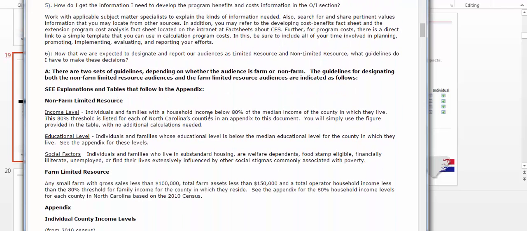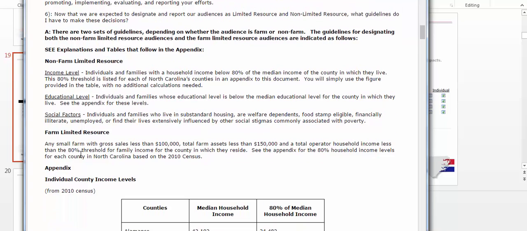So this is where you start seeing some of how you determine non-farm limited resources. It's based on income level, educational level, and social factors. And farm limited resource is any small farm with gross sales less than $100,000, total farm assets less than $150,000, and a total operator household income less than 80% of threshold for family income for the county in which they reside.